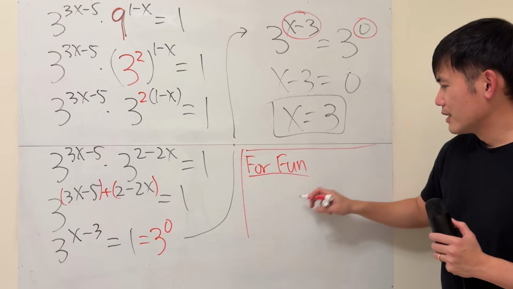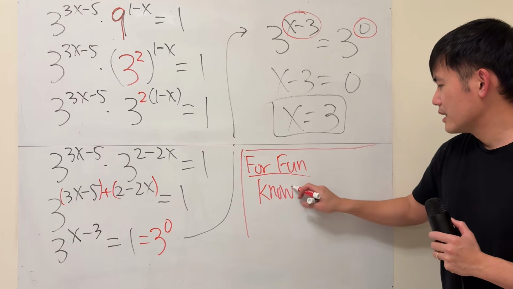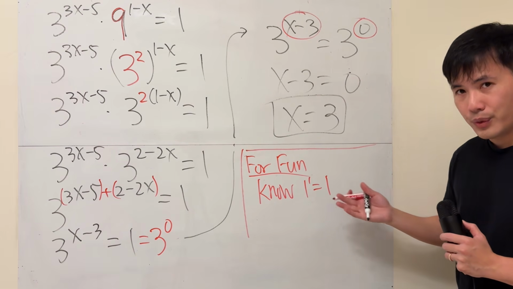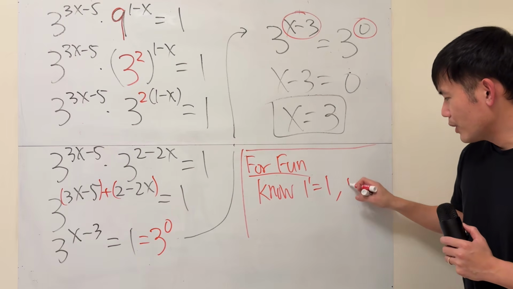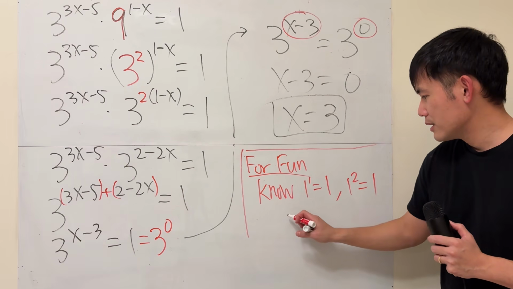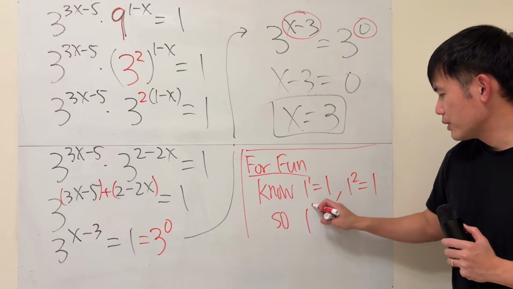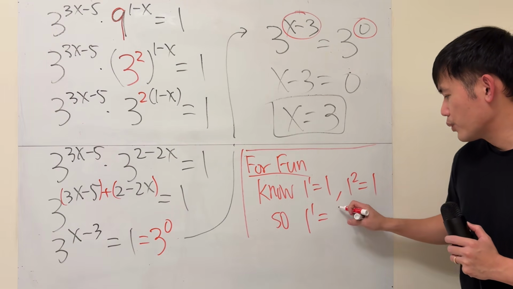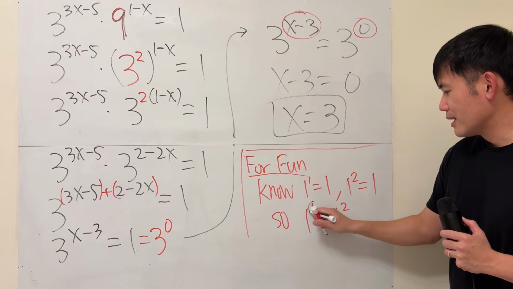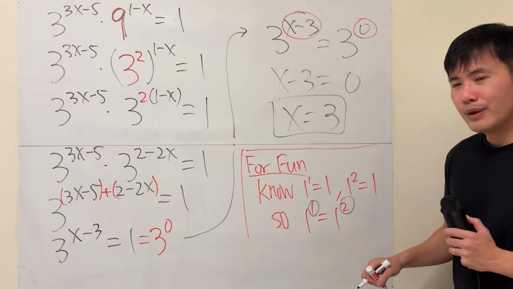Okay. We know that 1 to the first power is 1. Agree? 1 is just 1. And then 1 to the second is 1 times 1, which is 1. So, of course, we can say 1 to the first, which is 1, is equal to 1 to the second. But can we say the exponents are equal?